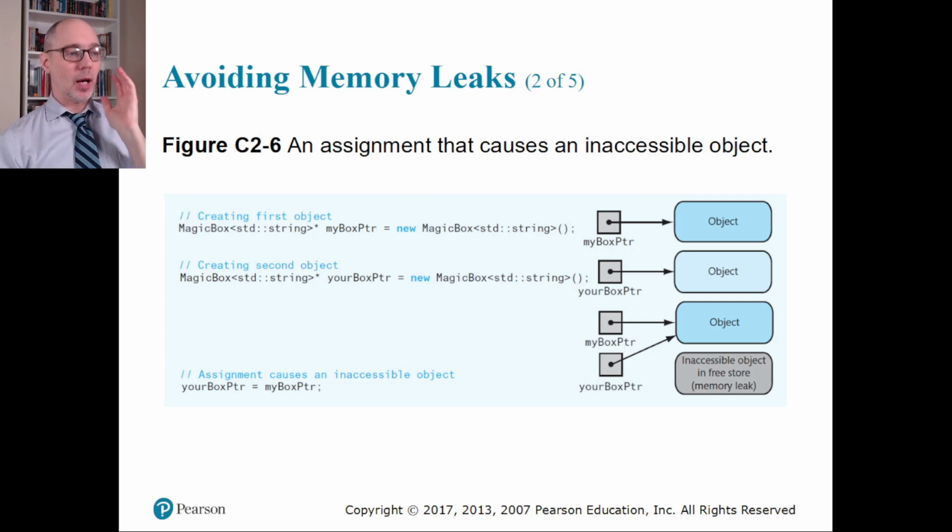So again, a chunk of memory is lost, totally unusable to any program in the entire system until your program finally ends and the operating system figures to clean up all this stuff. So it can be as simple as an assignment statement. The wrong assignment statement, that's all it takes. Overwrite the one single place where you were recording that pointer, and now you have no way to access it. There's your memory leak.